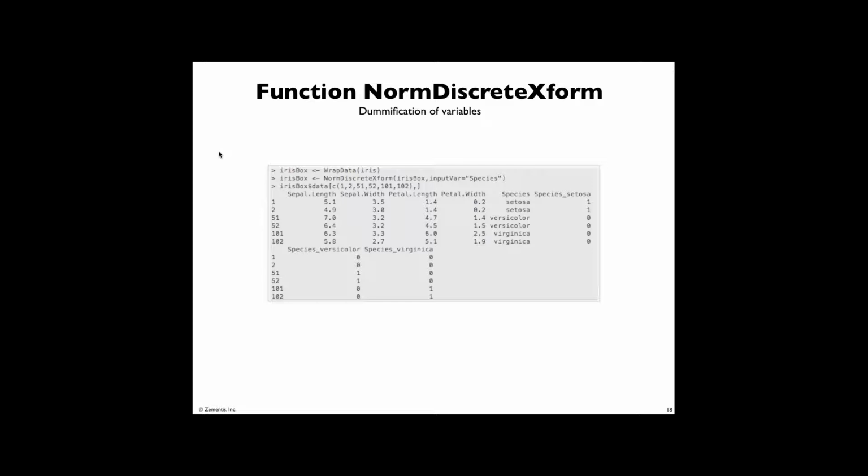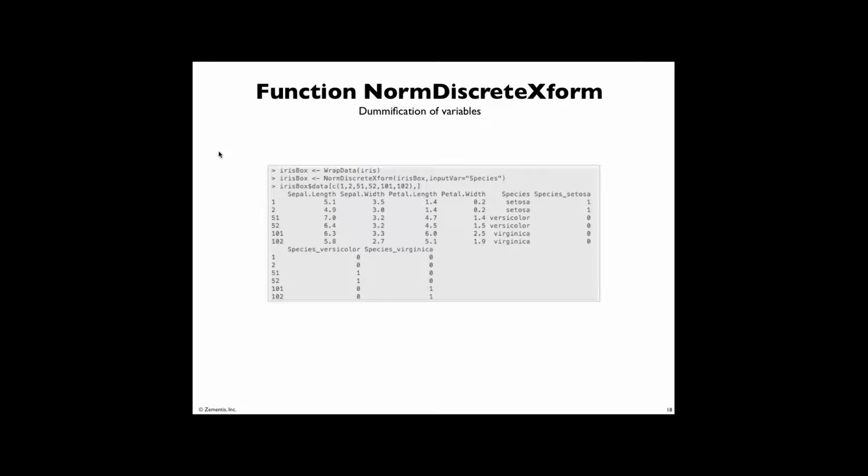So you can see once you use the function, since species has 3 categories, you can see 3 new variables. Automatically they're called species underscore setosa, species underscore versicolor, and so on.